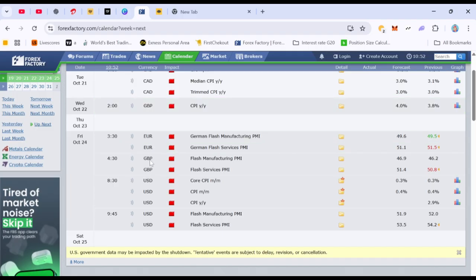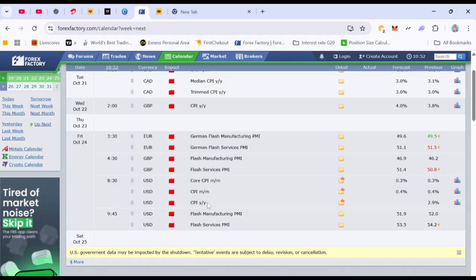We have Euro news, the GBP news, and the USD news. USD, we have the core CPI, which is going to have a lot of volatility on Friday. So if you are trading Friday, make sure you take into consideration the CPI month over month and year over year for the US dollar.